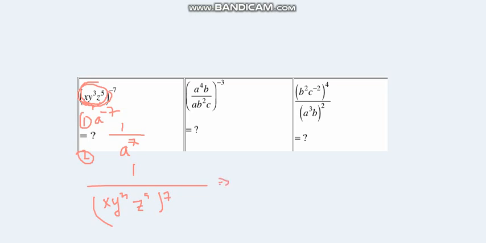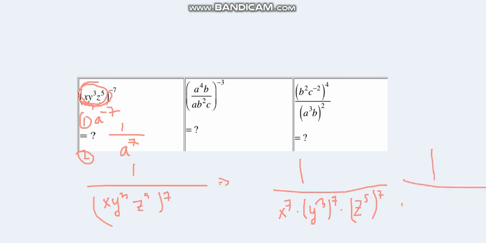So what this means is that x to the 7th will get an exponent, the y to the third will have an exponent over that, and then z to the 5th will itself have an exponent like that. And remember that rule where if you have an exponent of an exponent, you can multiply those. So our final answer comes out to be x to the 7th times y to the 21st times z to the 35th.